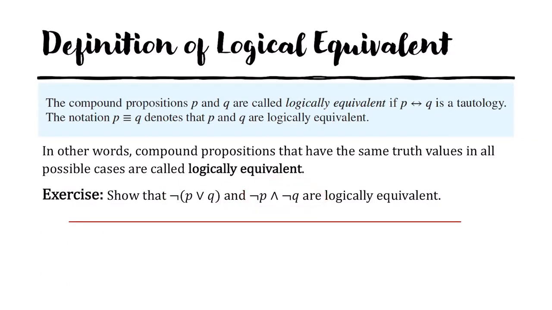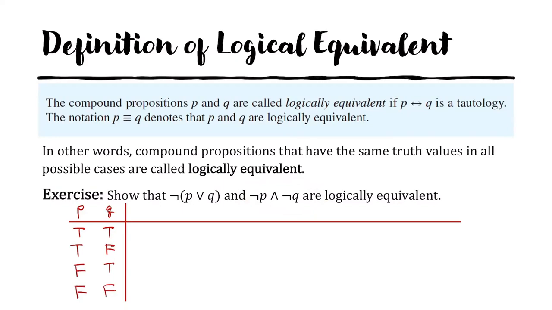So let's construct a truth table. We have two variables P and Q, and there are four possible outcomes: true true, true false, false true, false false.